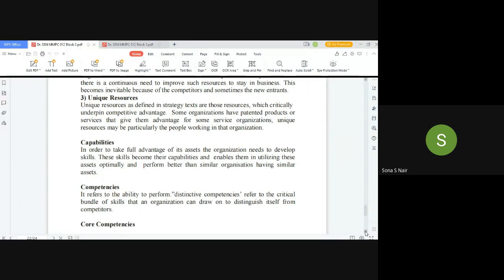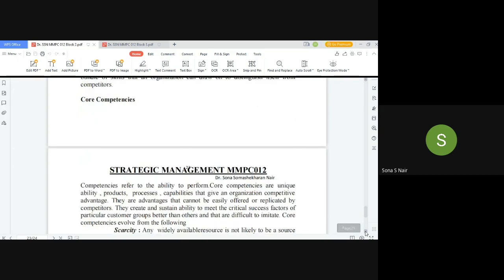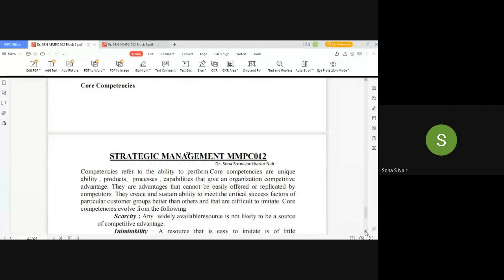Capabilities, if grown properly, can become competencies, and competencies can go further and become core competencies. Core competencies are those competencies which are critically required in the area of performance, in the industry, in the work area where the organization exists.